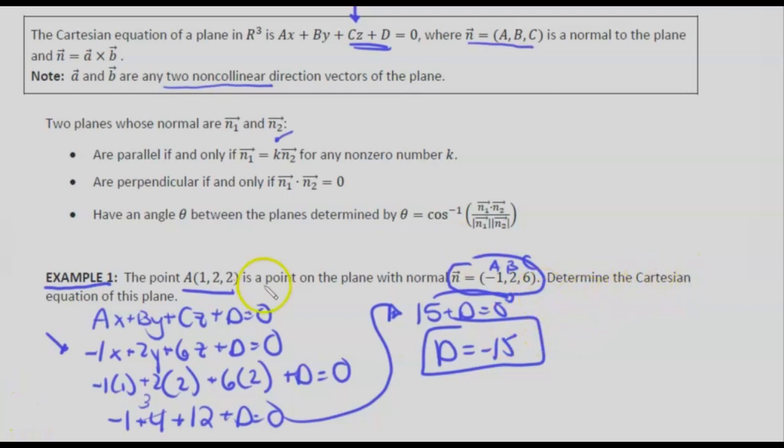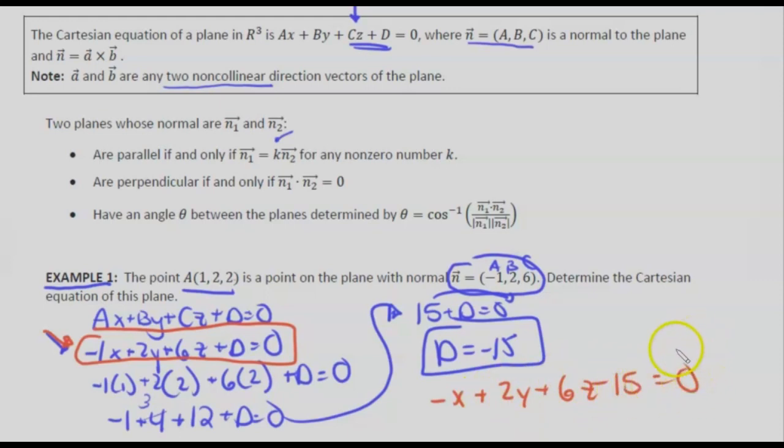So the Cartesian equation is going to be, again referencing back, but this time we sub in our d value. It's negative x plus 2y plus 6z minus 15 equals 0. Here's the thing. Usually we want the leading coefficient to always be 1.